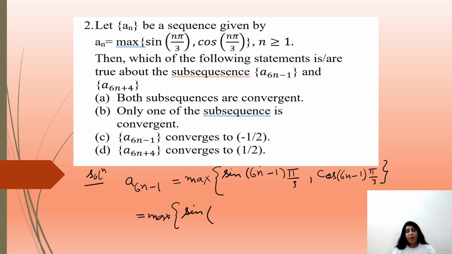Let us take pi by 3 inside the bracket. So 6n into pi by 3 gives you 2n pi. So it is sine of (2n pi minus pi by 3) and cos of (2n pi minus pi by 3).